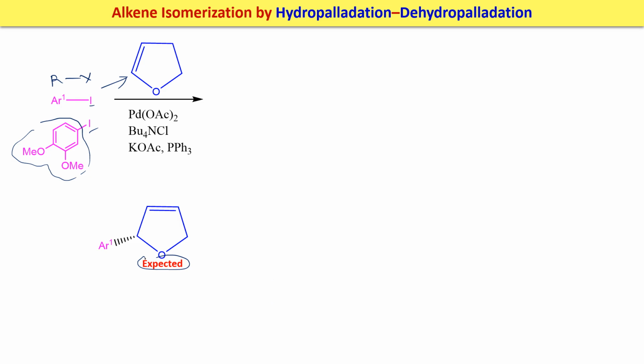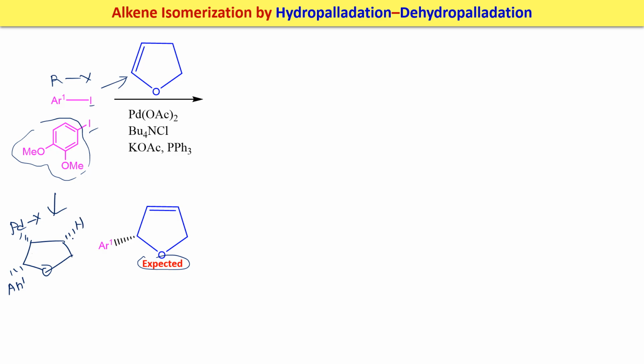So here this is our expected product, but what is happening is we are getting something else, because the reaction is not stopped here. And let me do this one more time so that it is clear. First Ar1 is added here and the PdX or PdI is added here.